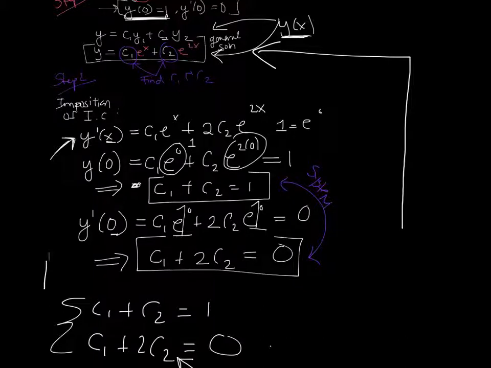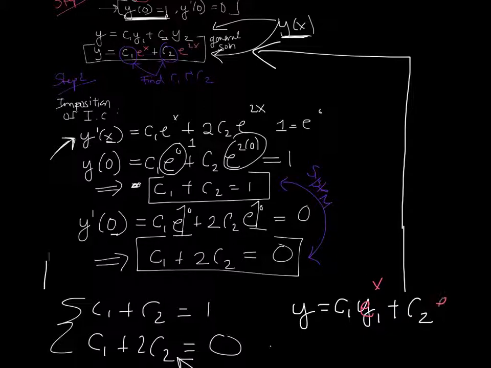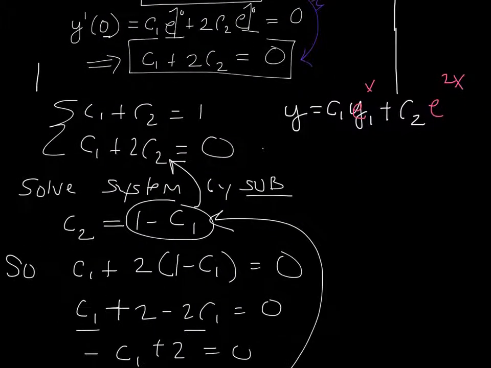Okay, so I have y equals C1 y1 plus C2 y2. Okay, this is really e to the x, e to the 2x. Just so I don't have to keep scrolling.